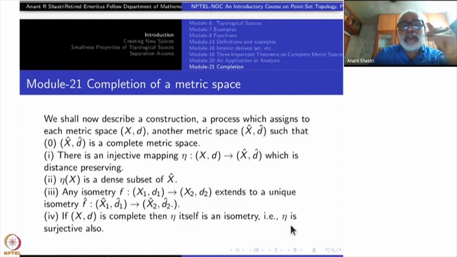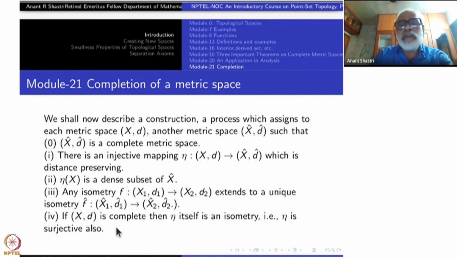Because the construction has to be there for more general spaces, in the special case it will not be just (X, d), but some copy of (X, d). Copy means what again? Isometrically. So this eta itself is there, the canonical embedding of that.